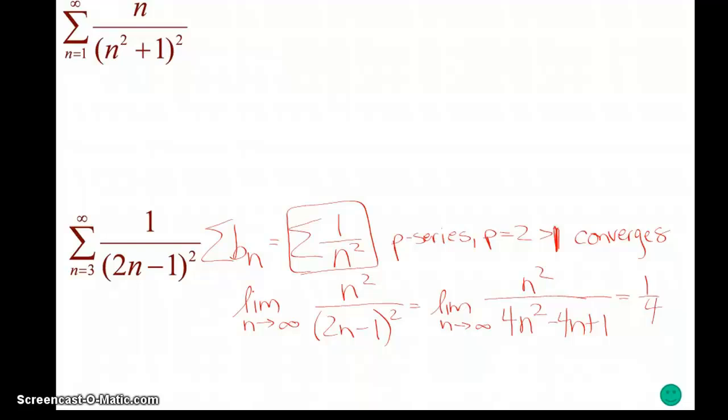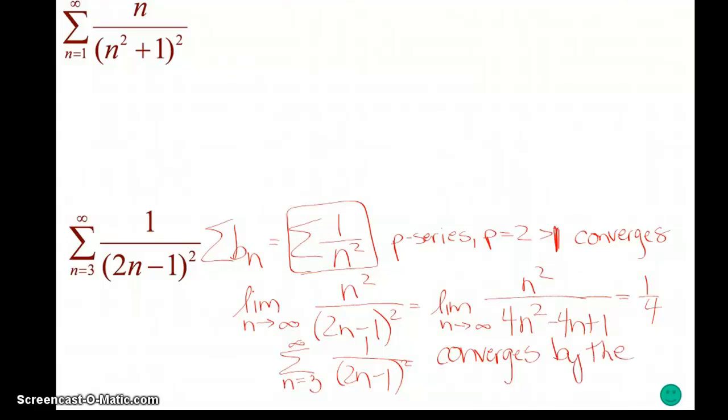So a sub n, our original series, does it matter that it starts at 3 instead of 1? No, because where does convergence happen? Convergence happens and divergence happens for large n. So this converges by the limit comparison test. So hopefully seeing that over and over and over will help you make some good choices for b sub n.